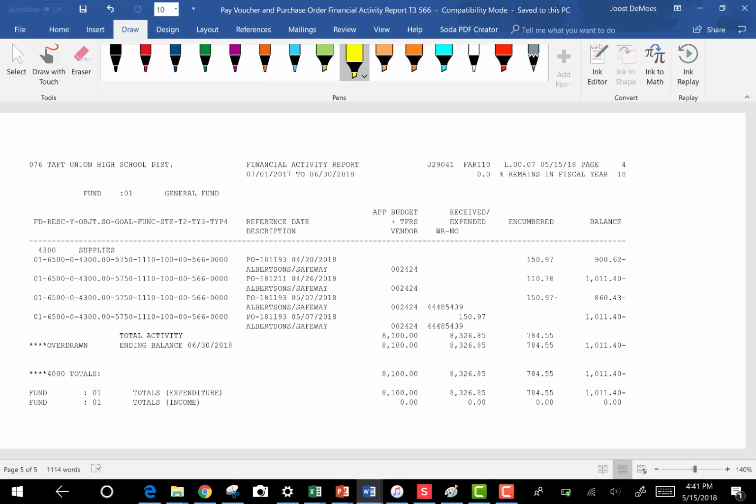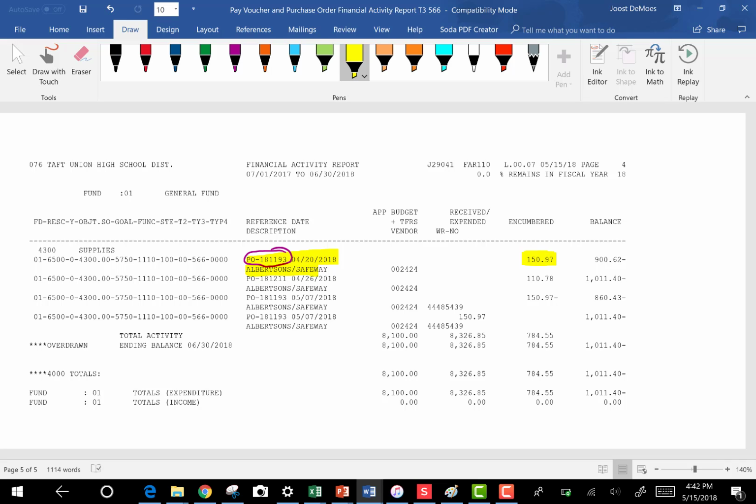So this is how a purchase order works. A purchase order is issued, and in this case, this purchase order of 181193 was issued for Albertsons, and someone came along and got permission. We encumbered funds of $150.97.